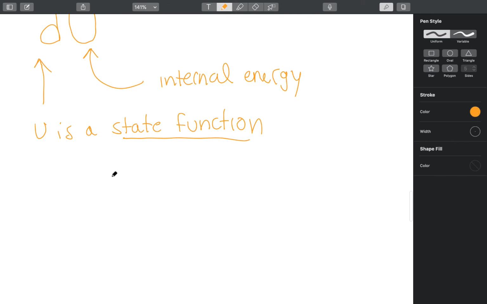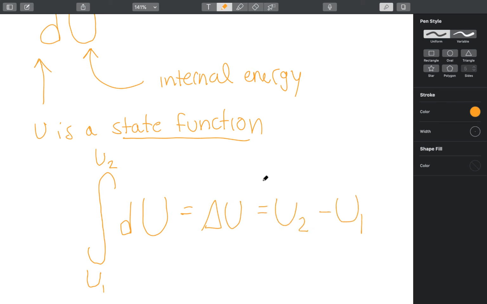When you integrate a state function, you have your dU here, you can put your upper and lower bounds, your lower bound U1, your upper bound U2. When you integrate your state function, you get an exact differential, or in other words, you get the change in U, which is equal to U2 minus U1. So your change in internal energy is only dependent on the initial and final state. So that is what a state function is, and that is the internal energy term.